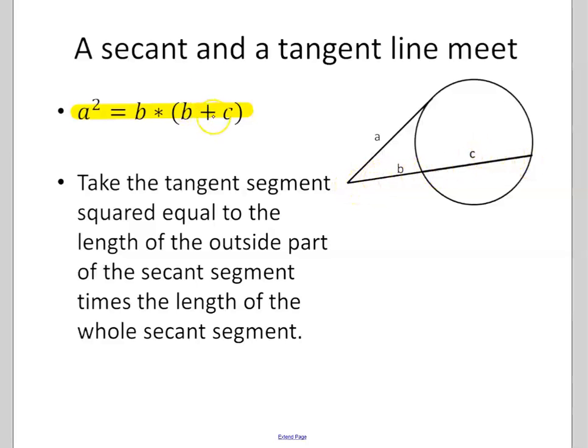So here I have B plus C. B is this outside part, C is this inside part. If you add it together, that tells you the whole length. So here I have that formula in words down here. You take this tangent segment squared, and it's equal to the length of the outside part of the secant times the whole length of the secant.